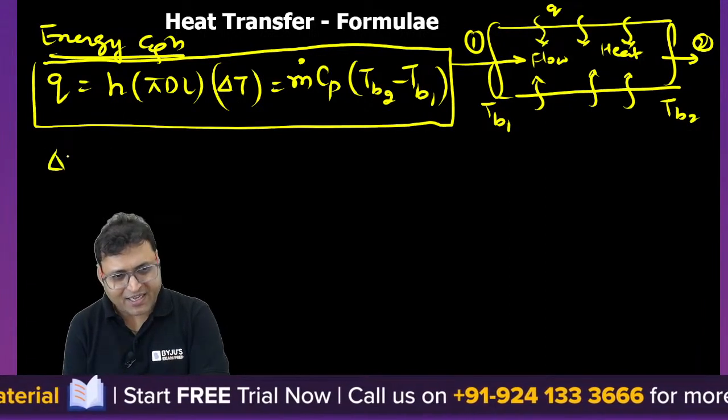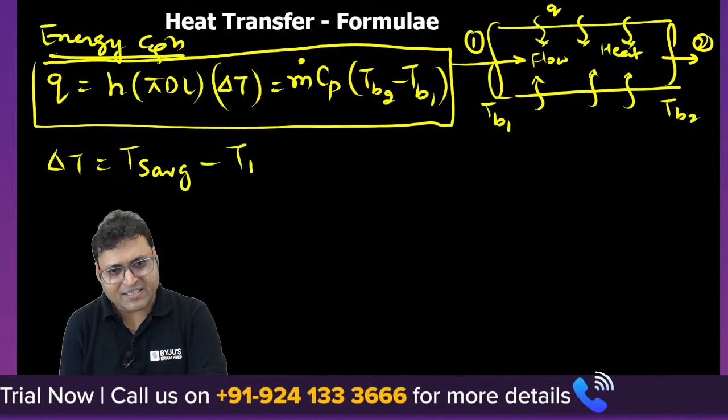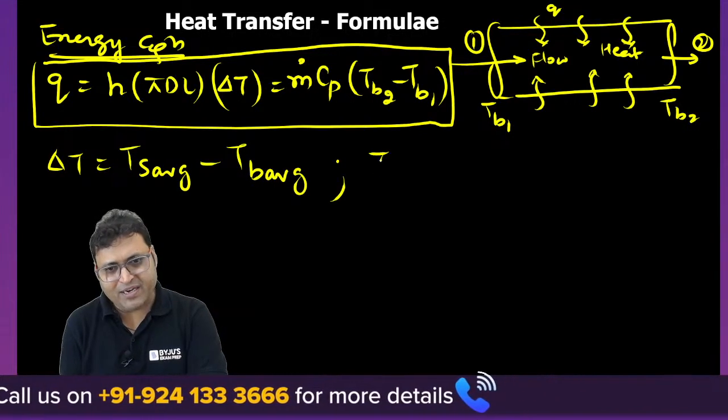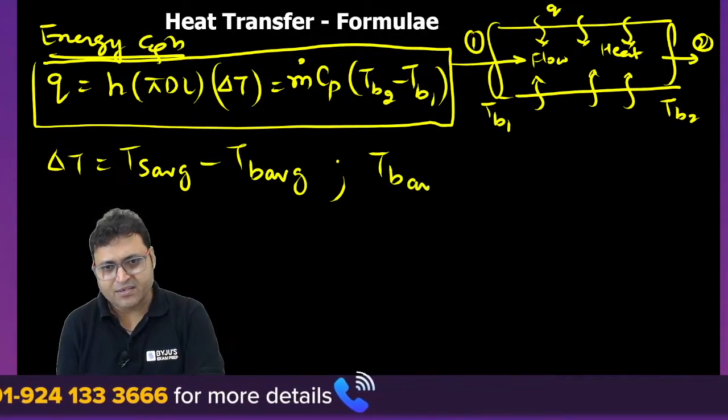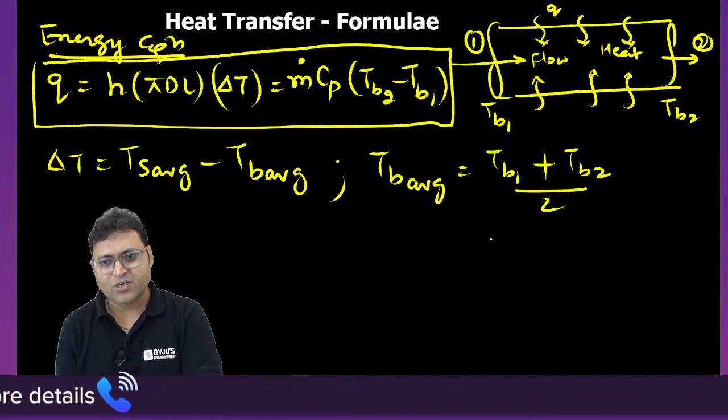And what is delta T here? Delta T is equal to Ts average minus Tb average, where the average value of Tb is equal to Tb1 plus Tb2 by 2.